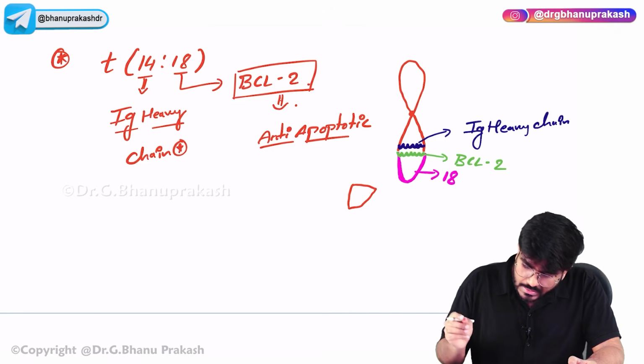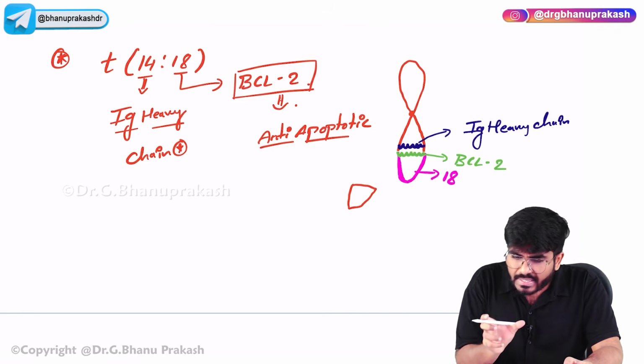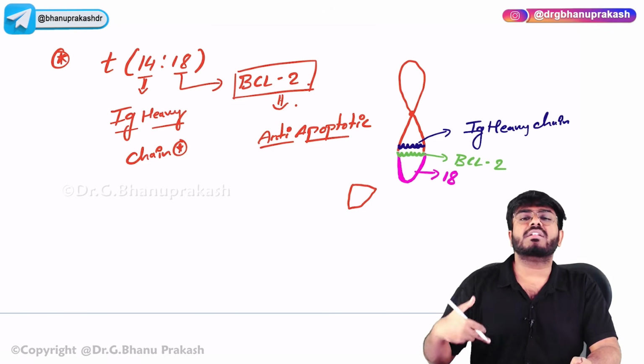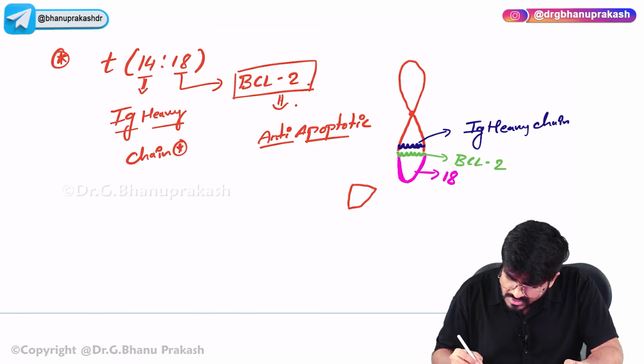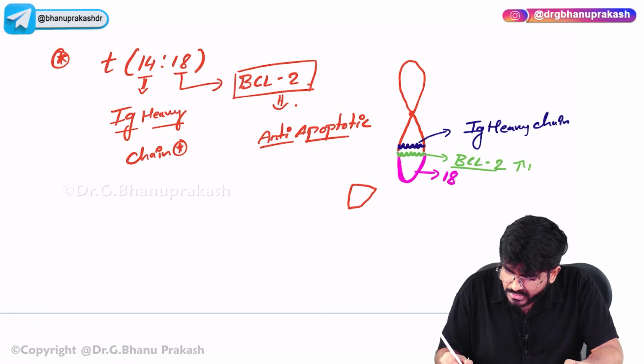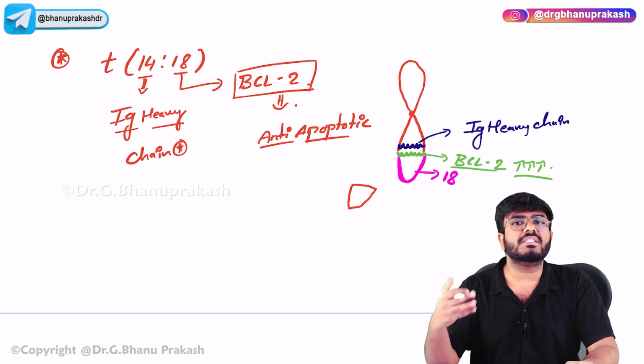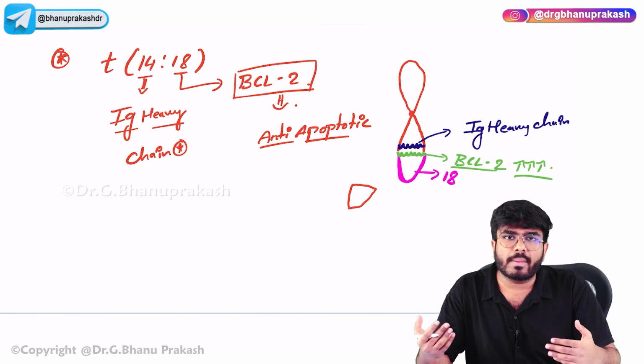So what happens? Now this BCL2 is coming and getting attached to a region which is highly transcriptionally active. So now the BCL2 expression is going to be increased in the cell. More and more BCL2 is there.